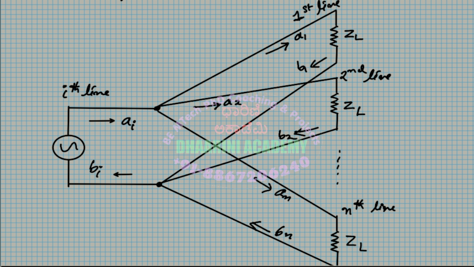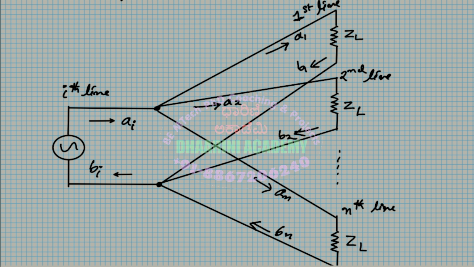If you want to have a reflection on a particular transmission line, under what condition will you have reflections on your line? That is my question. Any idea?